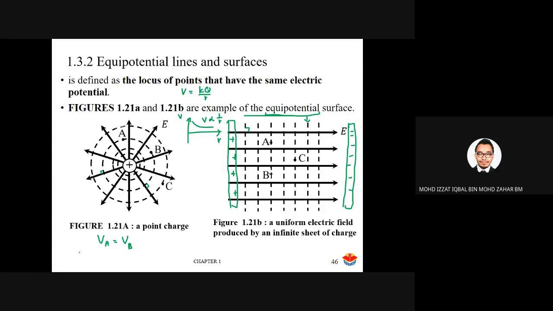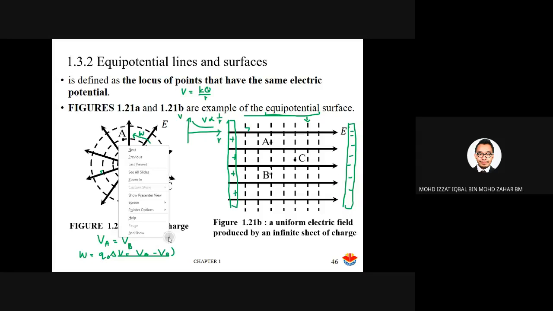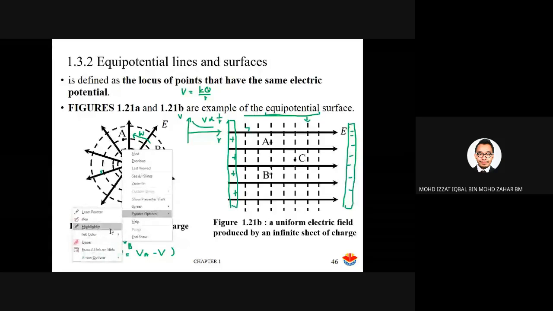If I want to write the work equation, remember that this delta V is actually final minus initial. So if my work done is to move from B to A, then I have to write VA minus VB.